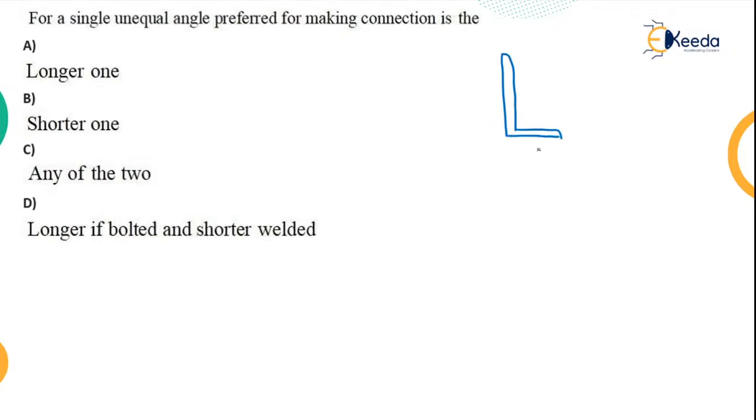This is the short side of the angle section, and this is the longer side of the angle section. Which side do you use for connection is what he is asking.